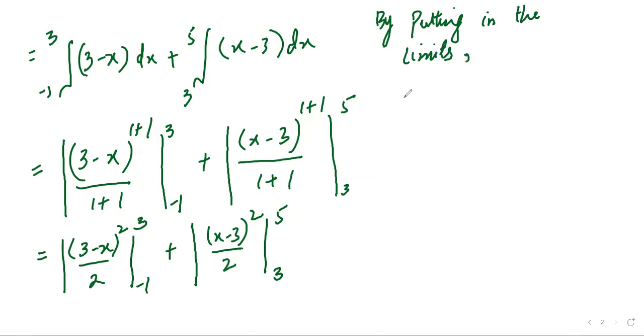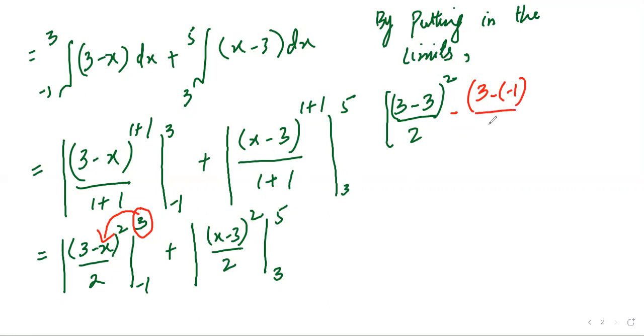We can write it as 3 minus 3 divided by 2 square. I have used this 3 as a value of x. And now minus the same thing, now we are going to put minus 1 divided by 2 square.